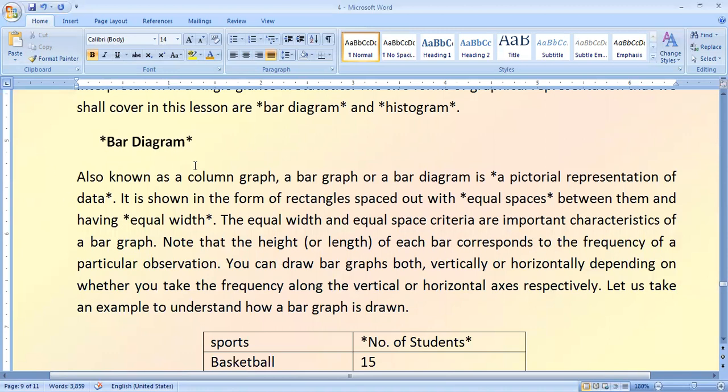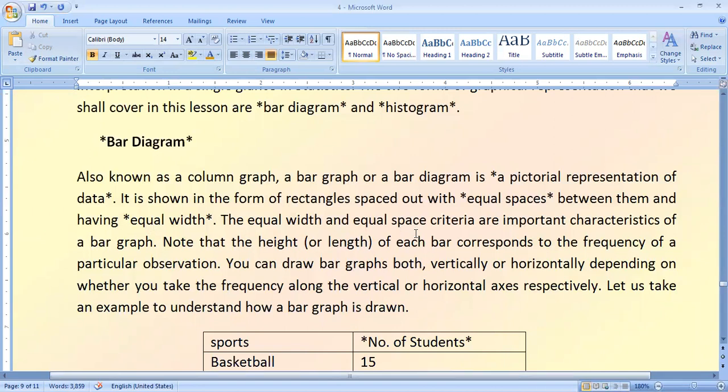Bar diagram, also known as a column graph or bar graph, is a pictorial representation of data. It is shown in the form of rectangles spaced out with equal spaces between them and having equal width.